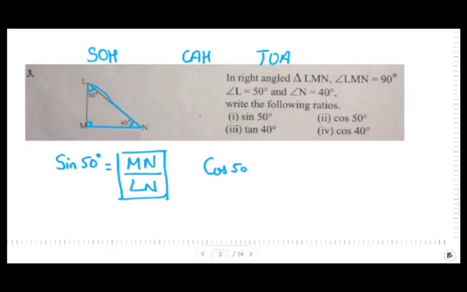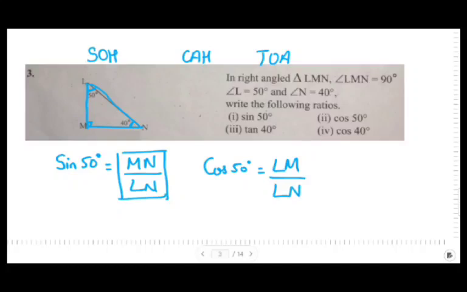Cos 50 now. So cos is adjacent, which is this, which is LM. Hypotenuse is LN.